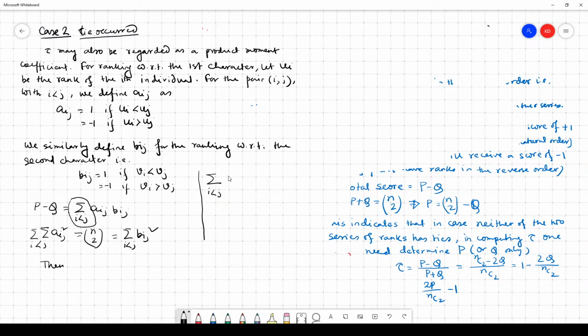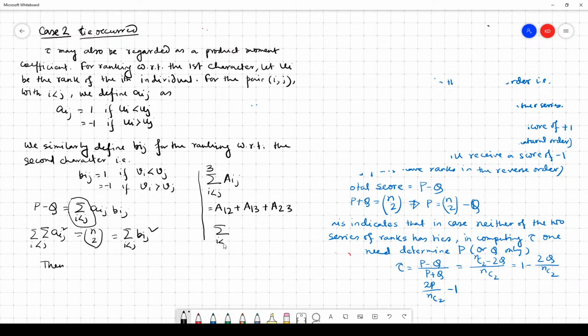So I define this symbol, i less than j. Suppose aij, and consider n equal to 3. This means a12, a13, a23. If you look at the suffix, you see that I consider only those values where i less than j.